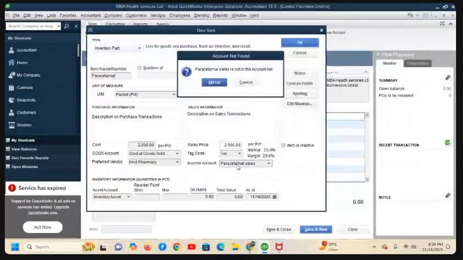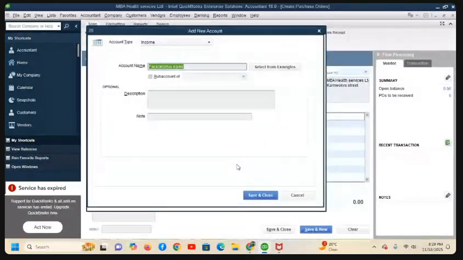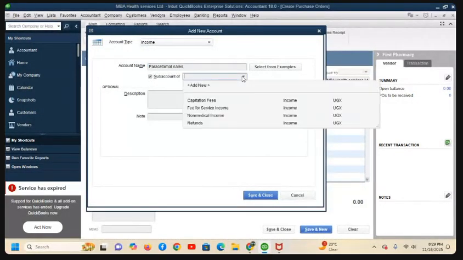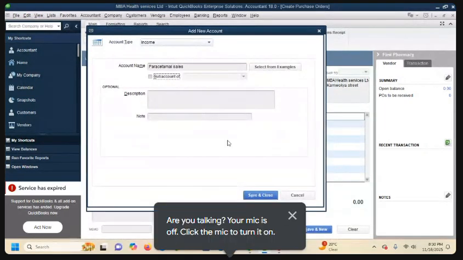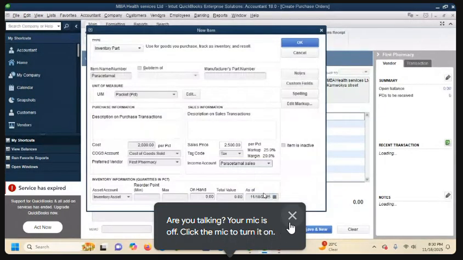Now I can set it up. This paracetamol sales is an income account. I can put it as an income account, then I can save and close.